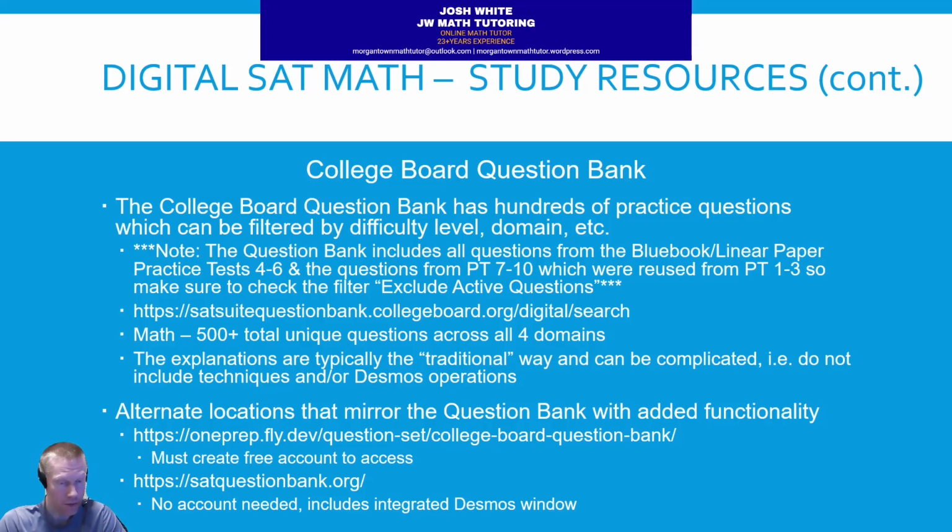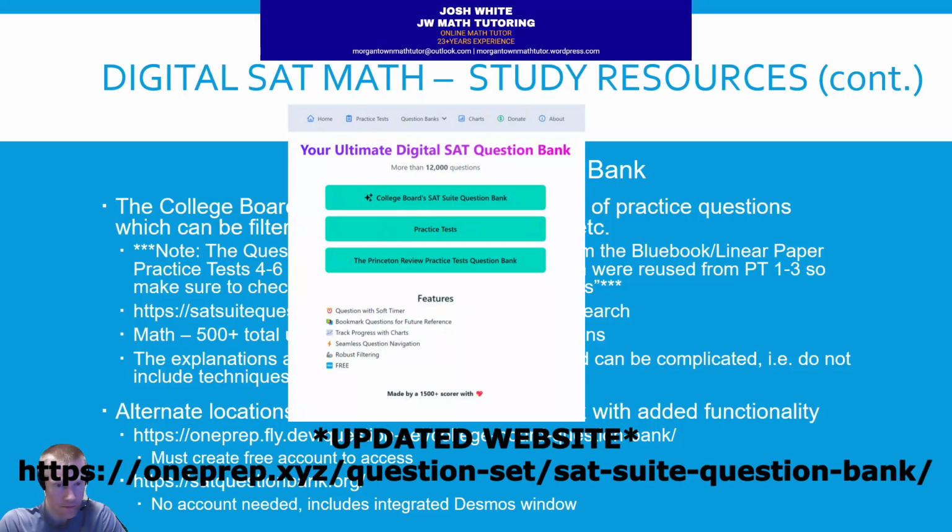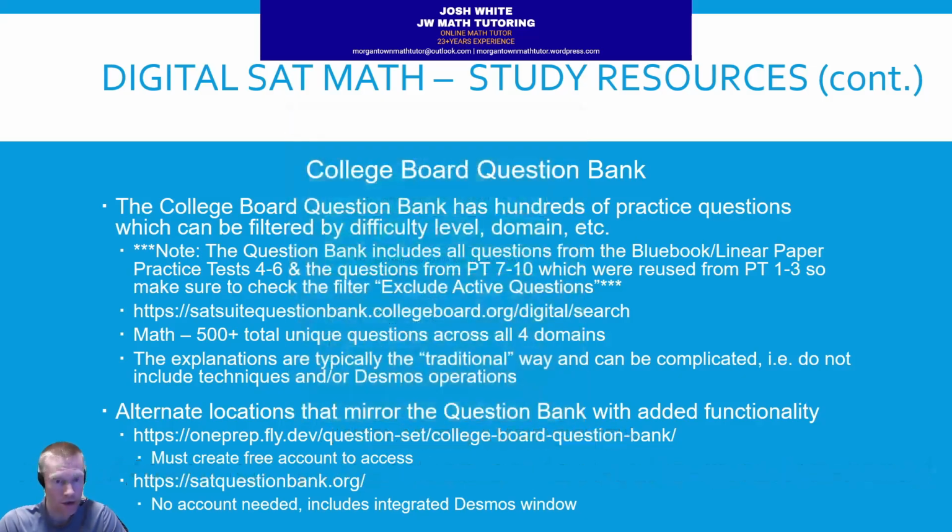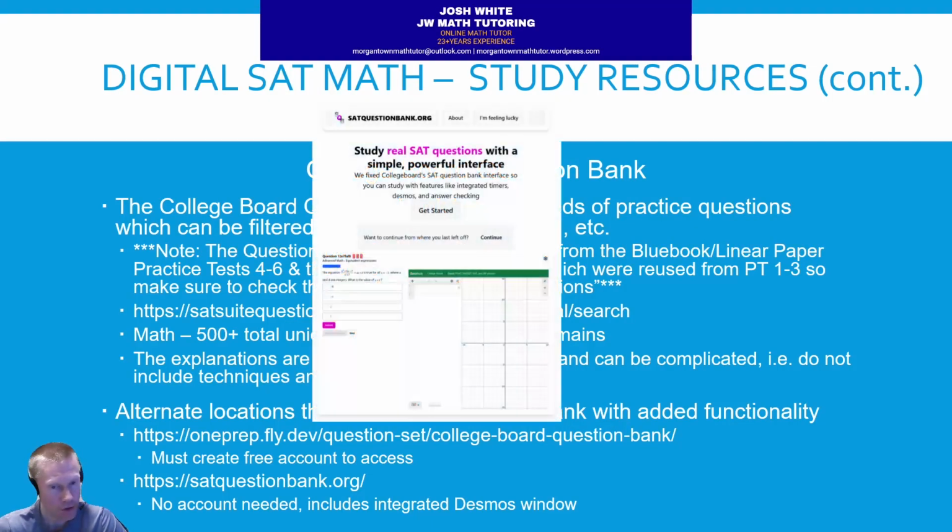Now, one thing to be aware of is that there are several alternate locations that basically mirror or pull the same data from the question bank, but with added functionality. So one of them is listed there at first. It's OnePrep. That one you do have to create an account to access, but it does allow you to track your progress. Then there's another one below that, just satquestionbank.org. That one you do not need an account.